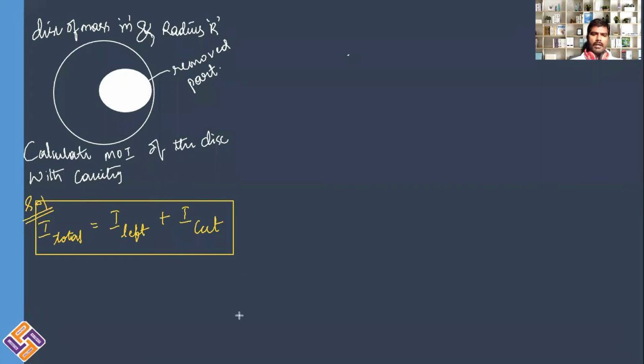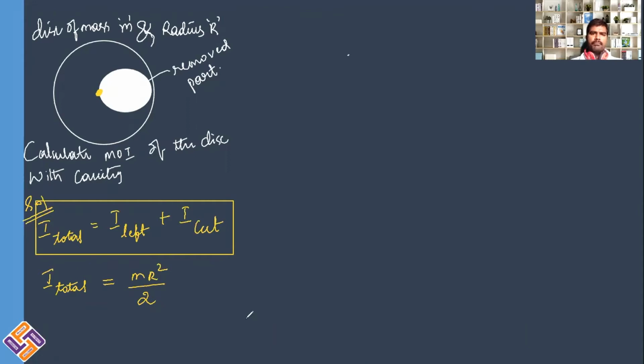However, for an object which is not being cut, like the whole disk, you have moment of inertia I total. Axis is about this center point. So I total will be equal to m r square divided by 2. For the total disk, if the axis is at the center, moment of inertia is m r square divided by 2.